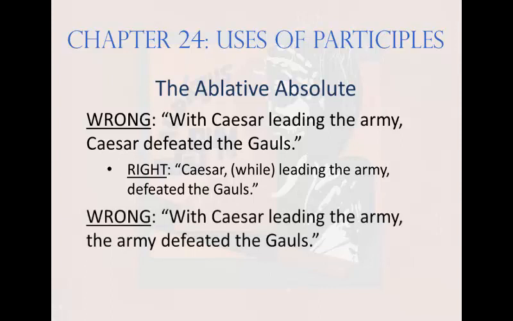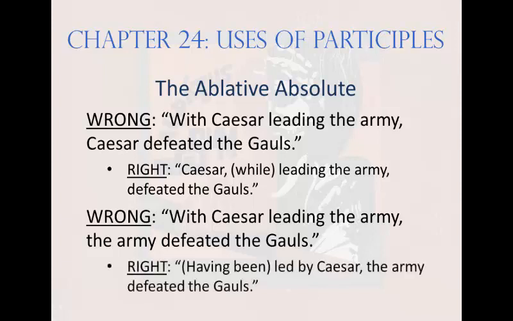Again, it's wrong to say, "with Caesar leading the army defeated the Gauls." In this case, make the participle "leading" passive, "having been led," and attach it to "army" in the main sentence. Then change Caesar from subject to agent, resulting in "having been led by Caesar, the army defeated the Gauls."